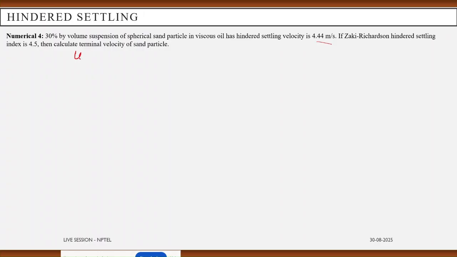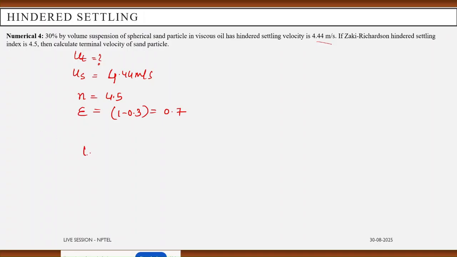You have to calculate the Ut, where Us is already given as 4.44. The n value is given as 4.5 and the volume suspension of the particle is 30%. That means the void fraction will be 0.7.